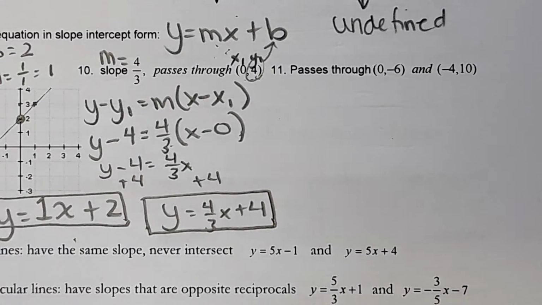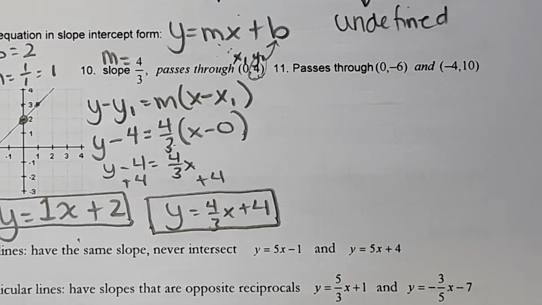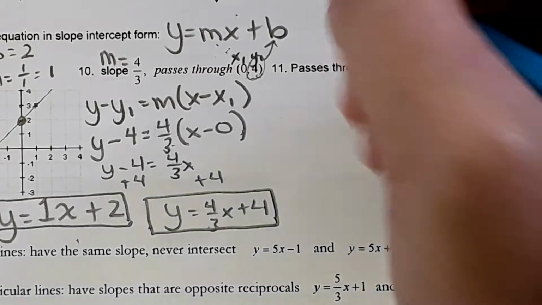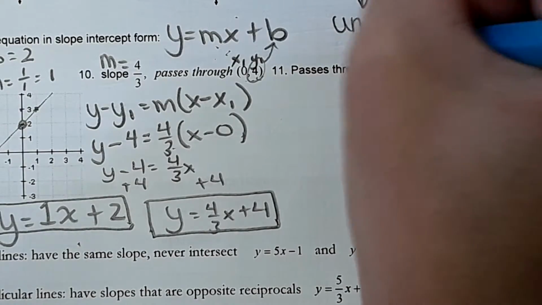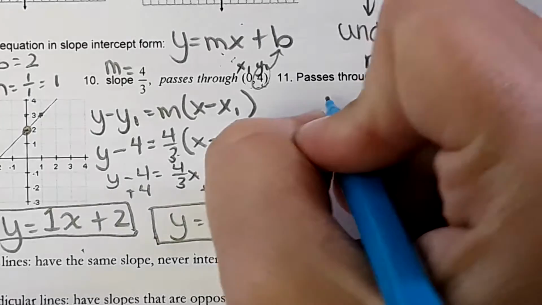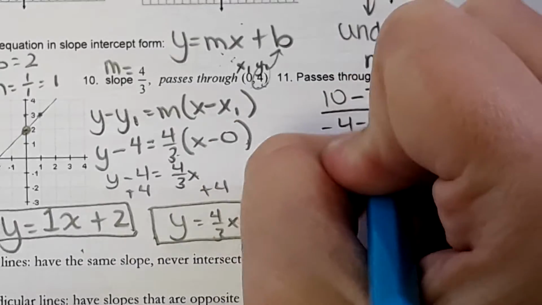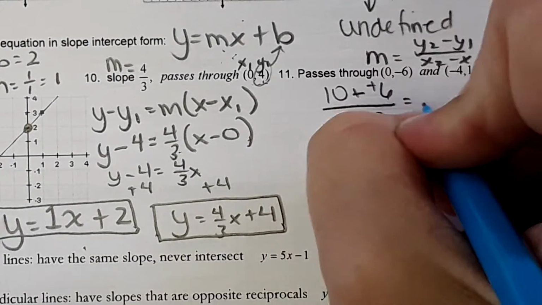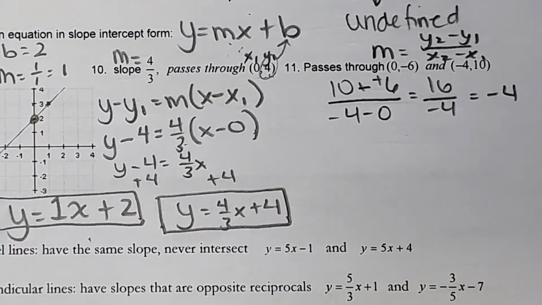Okay, next it says a line passes through these 2 points. It wants the equation for the line. Well, we need to find slope, and we can do that by slope equals y2 minus y1 over x2 minus x1. So we're going to do that first. Taking these 2 points, subtract our y's, subtract our x's, I get negative 4.